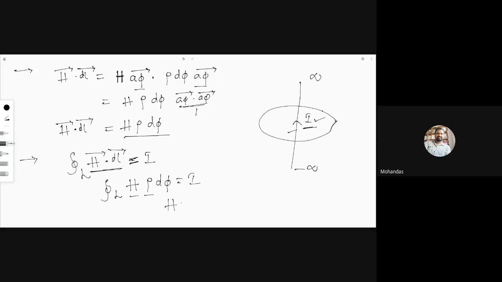H into rho, closed line integral d phi, is equal to I. Now what are the limits for this Amperian path?